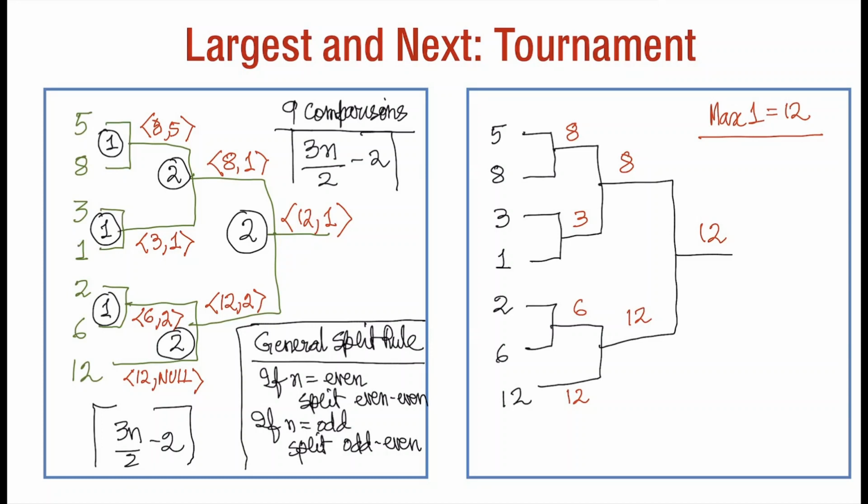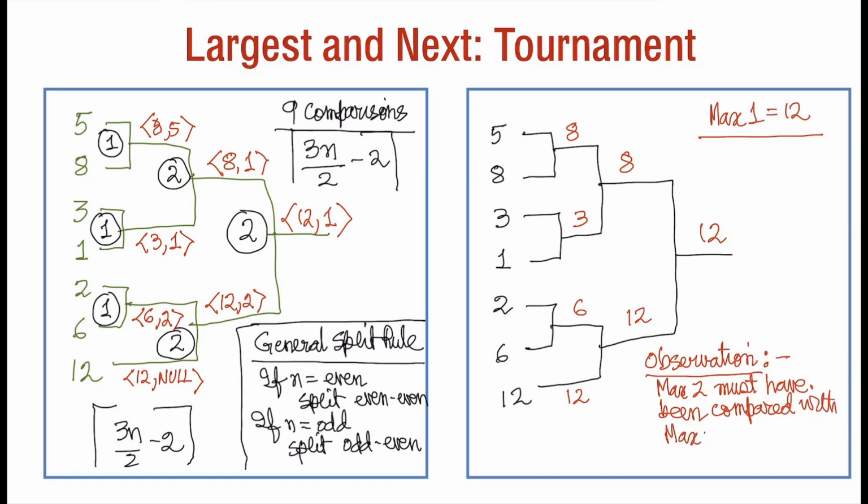Now we apply a very interesting rule. The rule is as follows. The observation, this is a very important observation: max 2 must have been compared with max 1 in the tournament.